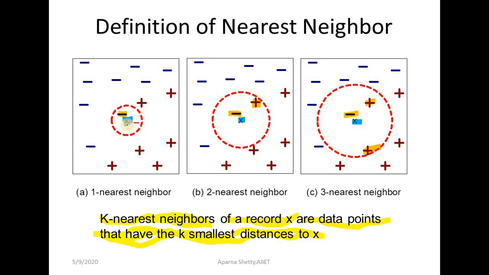Now the value of k is the number of nearest neighbors. So over here k is 1, k is 2 over here, and finally over here k is 3.